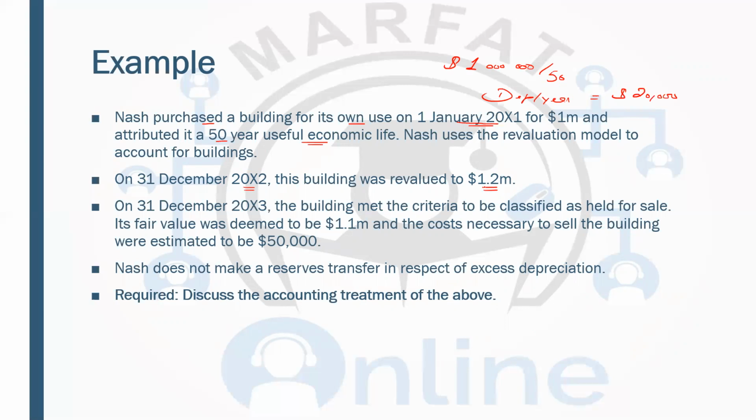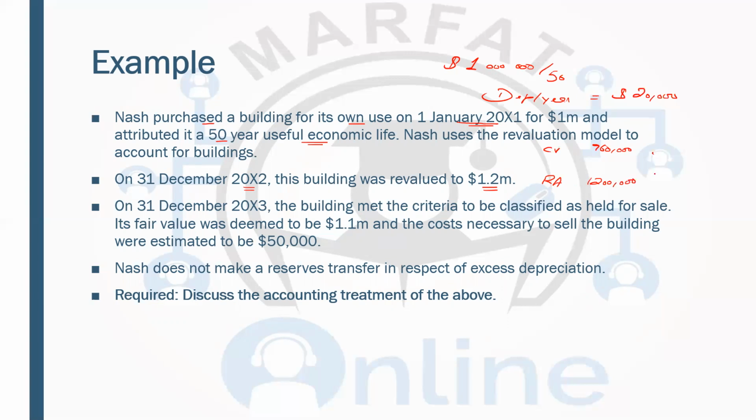Now we know when we are revaluing it, we have to take the carrying value at the revaluation date and then the revalued amount. So what should be the carrying value? It is 1 million. Now, obviously, when you have 1 million minus 40,000, it is going to be 9,60,000. And this is 12 lakh.